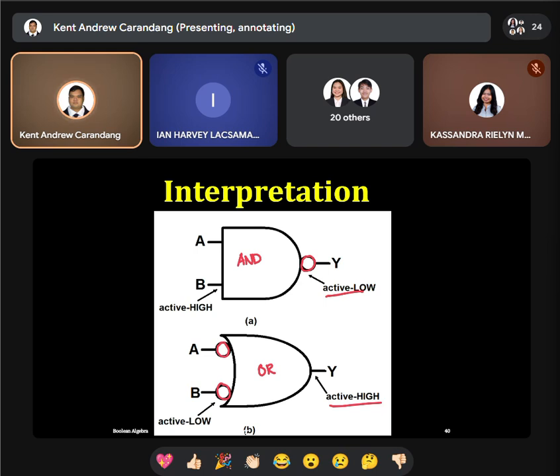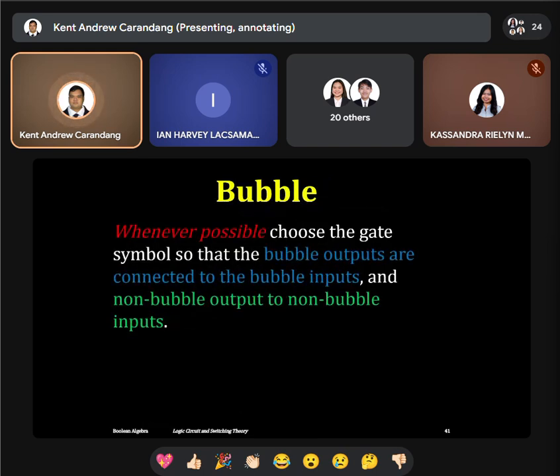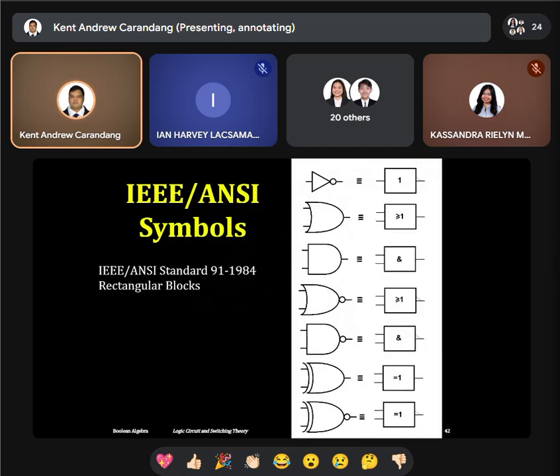Choose the gate symbol so that bubble outputs are connected to bubble inputs, and non-bubble outputs to non-bubble inputs. This is the equivalent symbol for the IEEE standard. You can use these diagrams or symbols if you're going to publish a journal or a research paper.